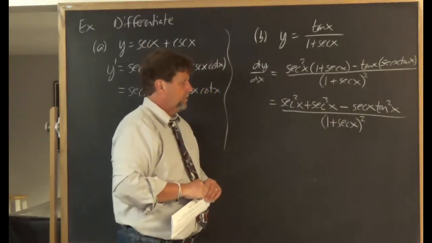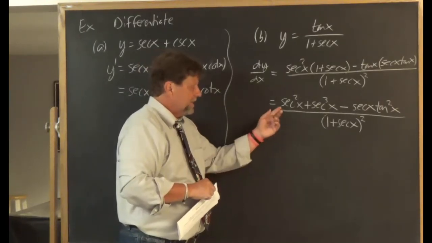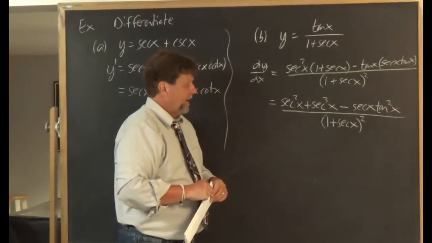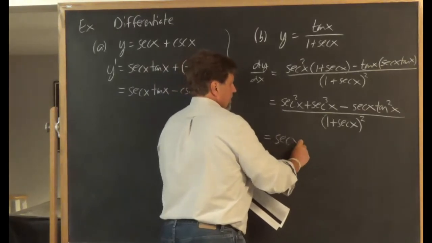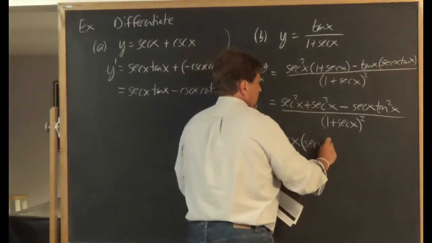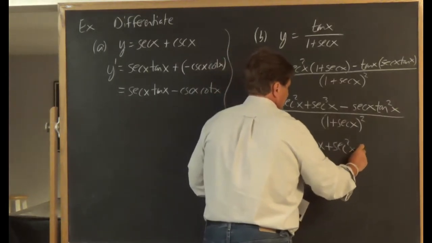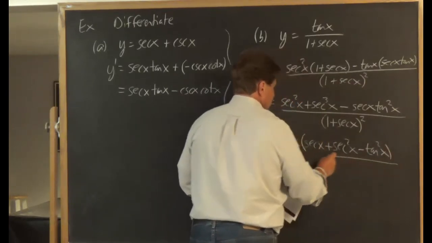In the numerator, I could factor out a secant x. That leaves me with a secant x plus a secant squared x minus a tangent squared x.